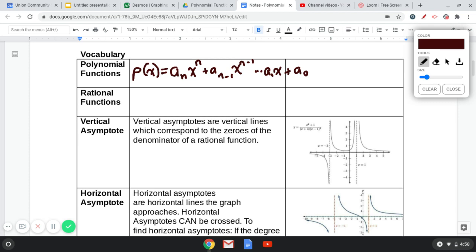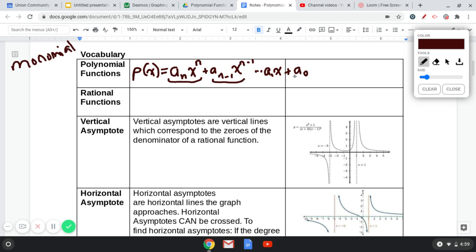So a polynomial, you may have heard the term monomial before, M-O-N. A polynomial is just the sum of one or more monomials. So each of these terms is a monomial. So it could just be one of them. It could just be the last constant term.